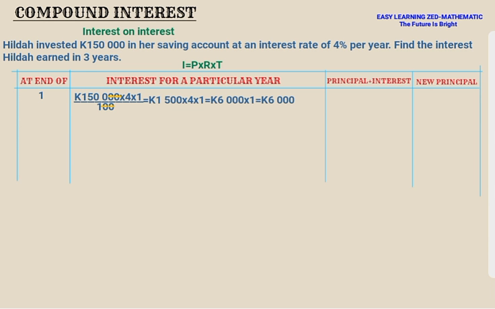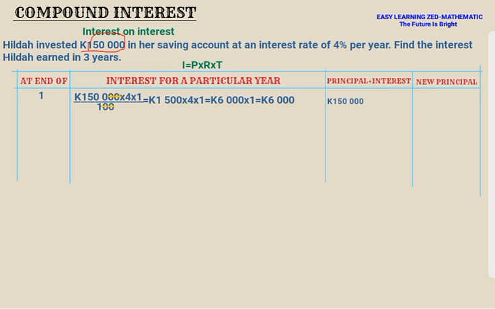So we're going to add the principal she invested plus the interest she made. Okay, so she invested 150,000 kwacha. Then she made the interest of 6,000. That is the 150,000 kwacha she invested, the one of second on top there.